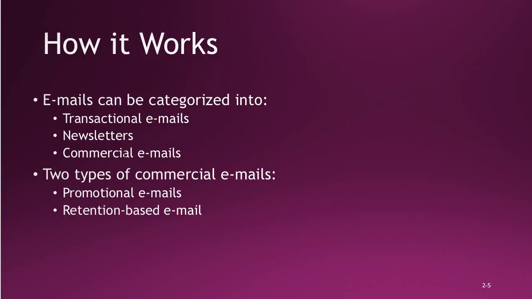Then there's this retention-based email, and this is where the business will send you emails trying to build a long-term relationship with you. I know I do some woodworking, and so I've subscribed to some woodworking newsletters. And so they'll send me that over time, and within the newsletters there'll be links to buy certain products and stuff. And so that's a retention-based type of email.